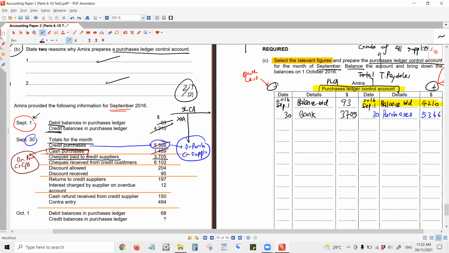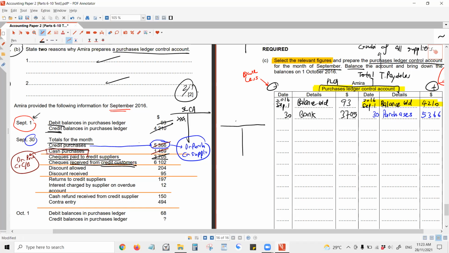And then next one. Okay, correct. Purchase ledger control account. So yes, got to do with our supplier. Next item, check received from credit customer. So customer who owe money to us, right now they pay us the money. Okay, they settle the debt.